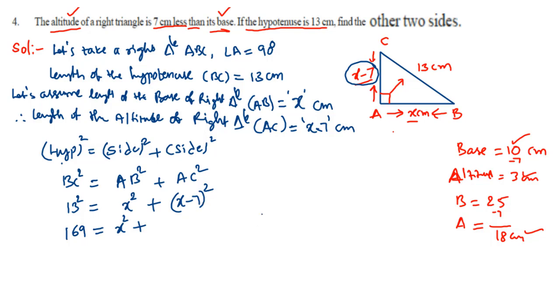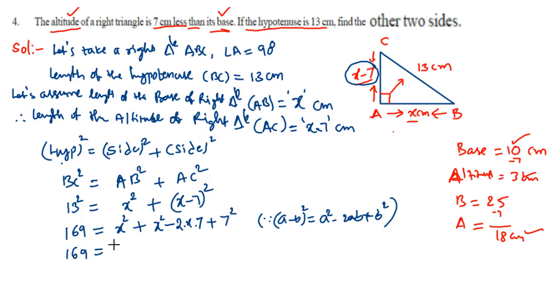It is in the form of a minus b whole square, and a minus b whole square equals a square minus 2ab plus b square. So using this formula we can expand this. First a square, in the place of a we have x, so we write x square minus 2ab, so 2 into x into 7, plus b square, that is 7 square.